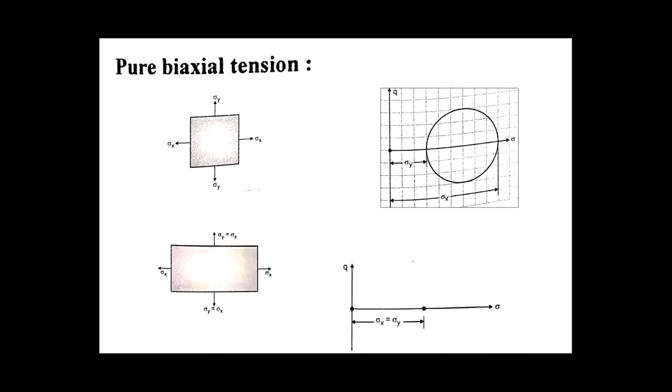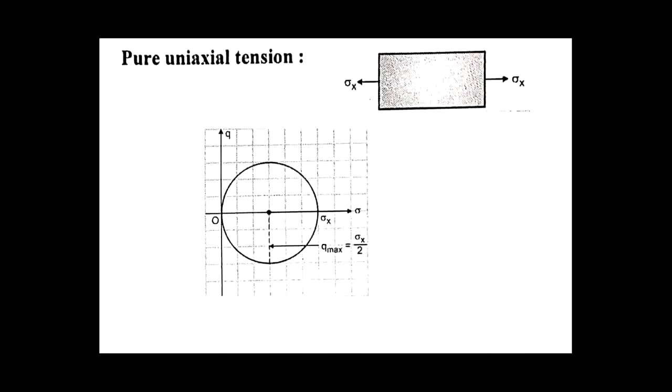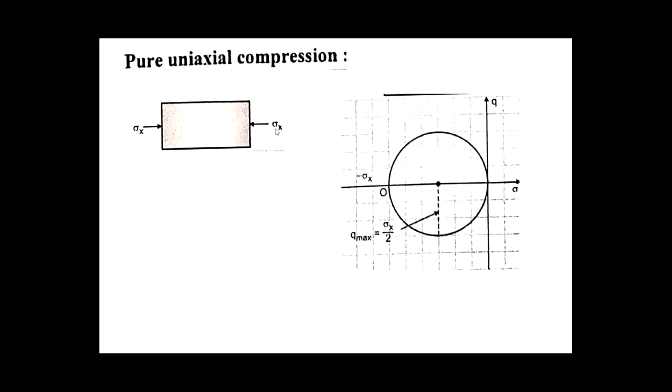For biaxial tension, there are two cases: sigma x greater than sigma y, and where sigma x is equal to sigma y, we will have a point. Then pure uniaxial tension has this Mohr circle. Then pure uniaxial compression, where along the axis there is a compression, the Mohr circle lies in this direction.